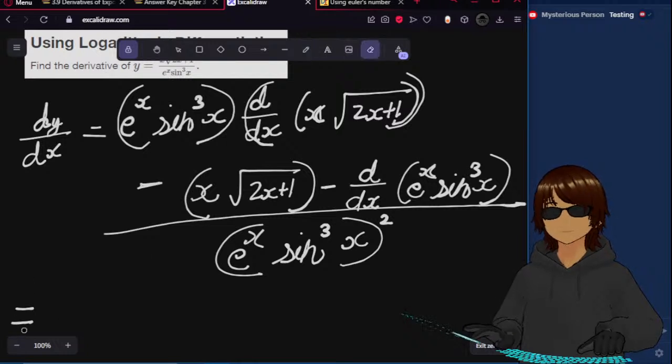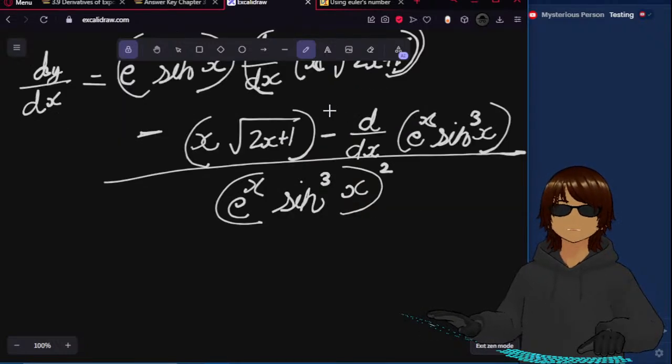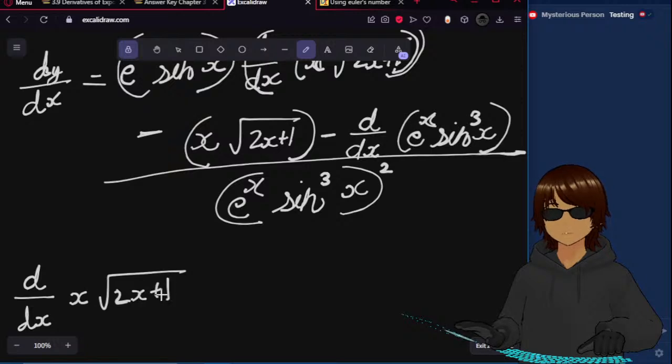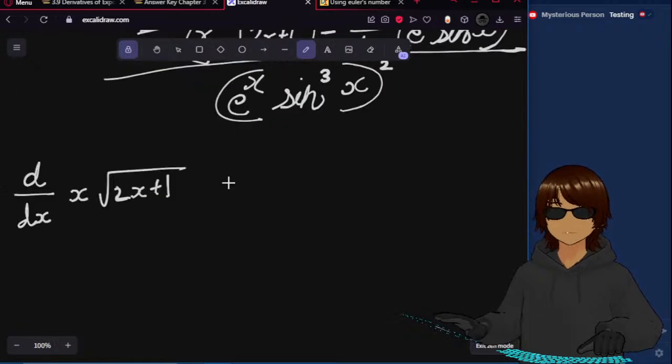Before I do this, I find the derivative of this first. So derivative of the first times the second plus the first times the derivative of the second.